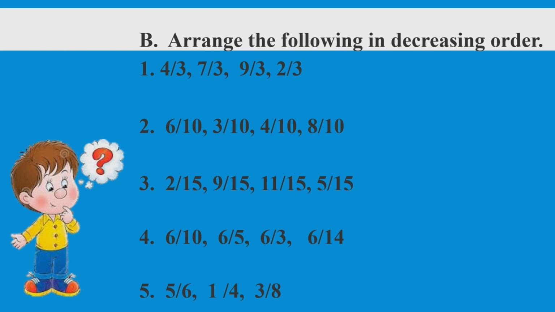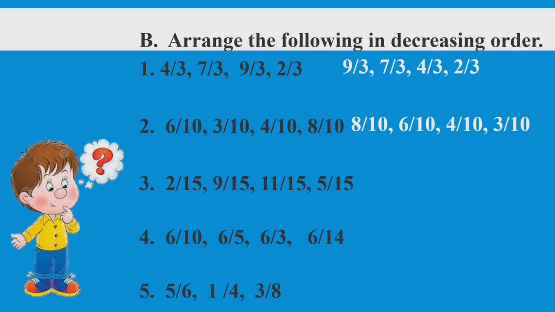For this activity, you will arrange the following in decreasing order. Again, you have to pause the video and afterwards, we will check your answers. Let us check now. For number 1, the answers are 9 over 3, 7 over 3, 4 over 3, and 2 over 3. Number 2, 8 over 10, 6 over 10, 4 over 10, and 3 over 10.